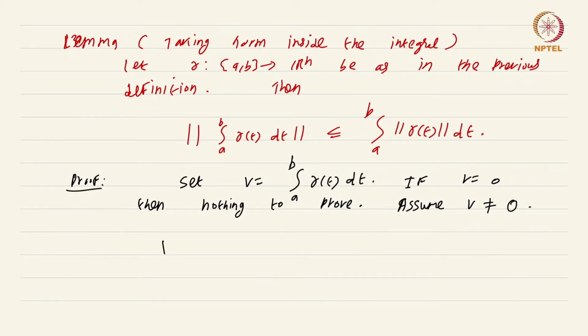You first look at v, the standard dot product, the standard inner product, a to b gamma of t dt. Note carefully, the left hand side is nothing but v dot v.